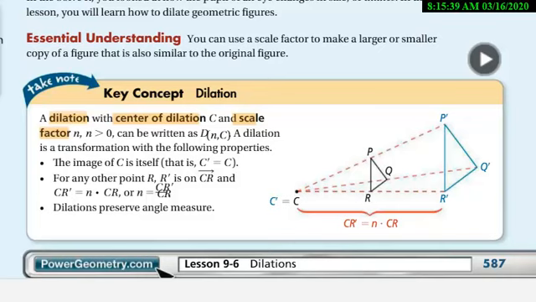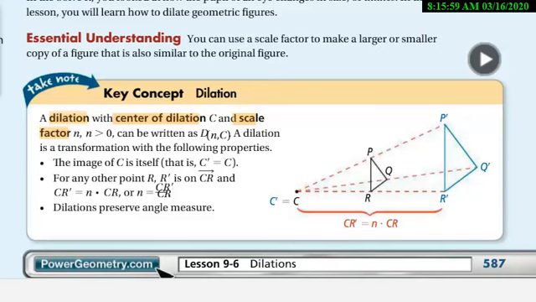What does the scale factor stand for? This scale factor can make the original figure, or the pre-image, enlarged or reduced. How can we do that?